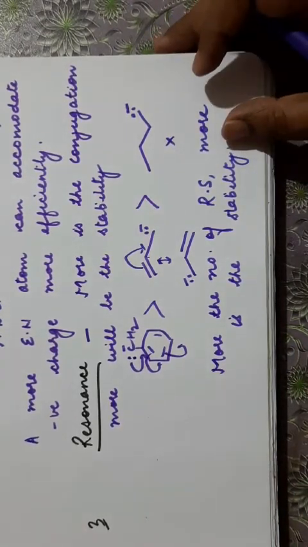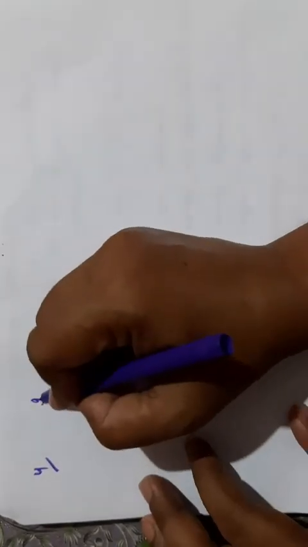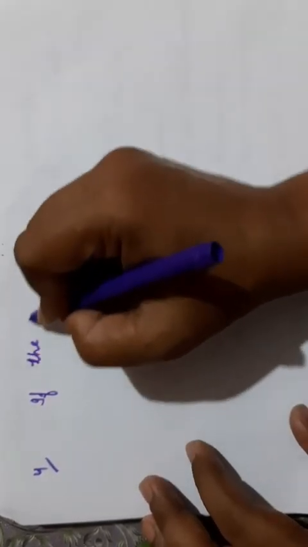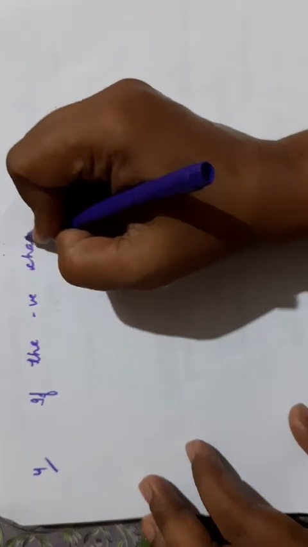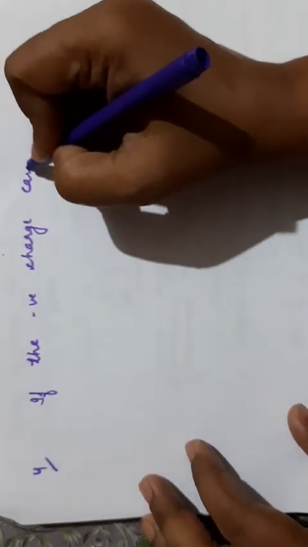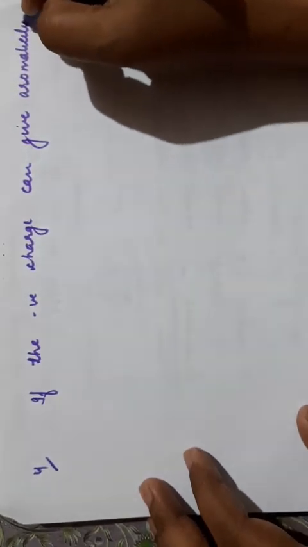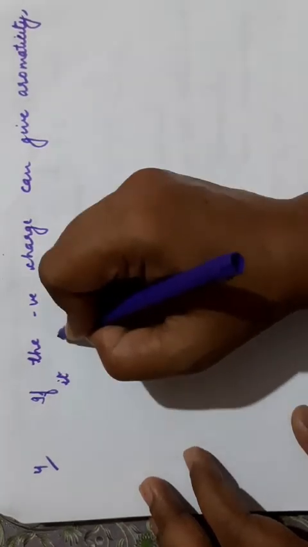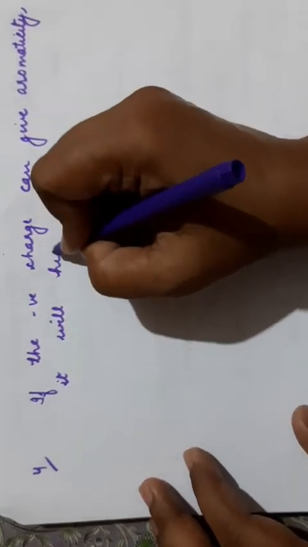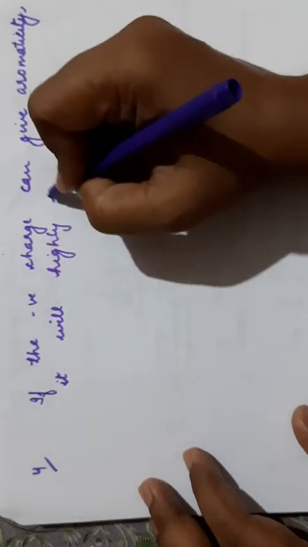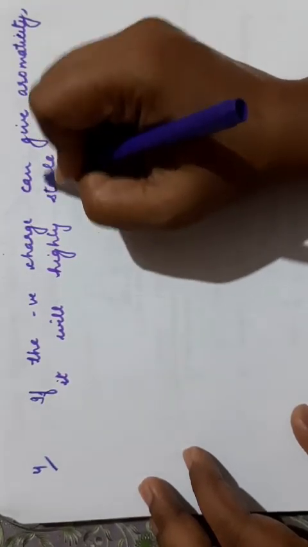Now the fourth factor is if the negative charge can give aromaticity to the compound. Due to the presence of negative charge, if there is aromaticity, it will be highly stable, because the aromatic compound is highly stable.